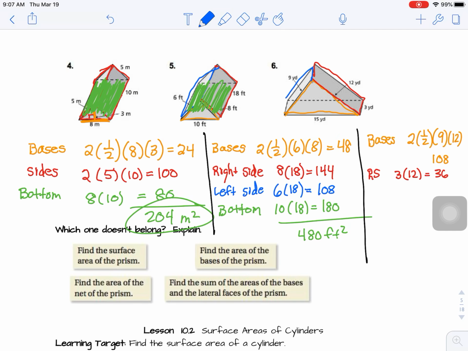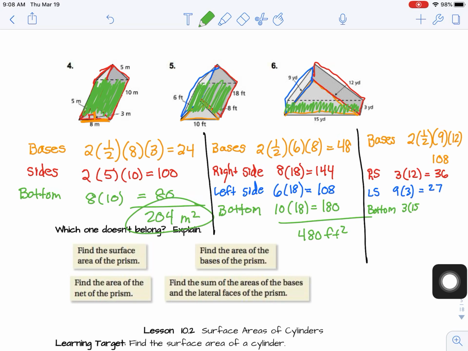If we look at the left side, that is 9 by 3, which is 27. If we look at the bottom, that is 3 by 15, which is 45. And if we add up our pieces together, we get 216 yards squared.